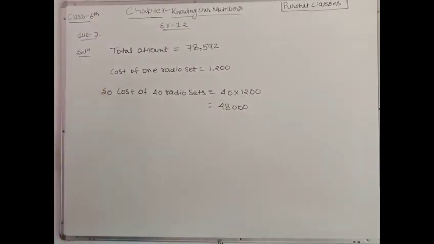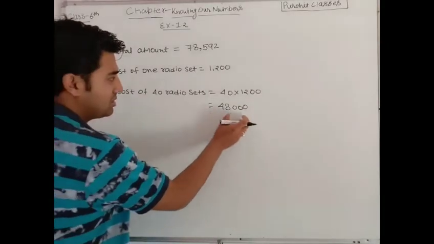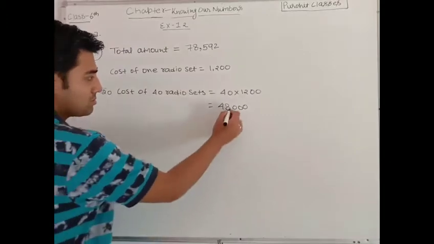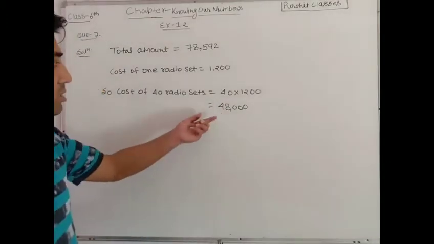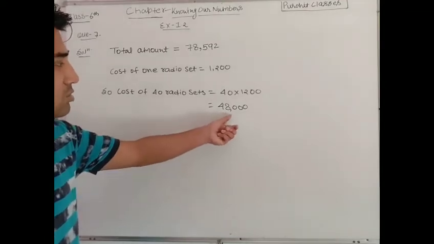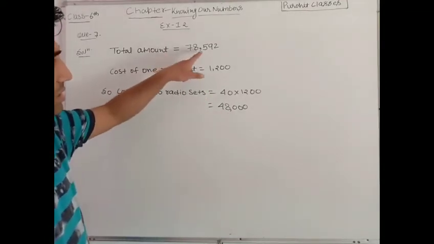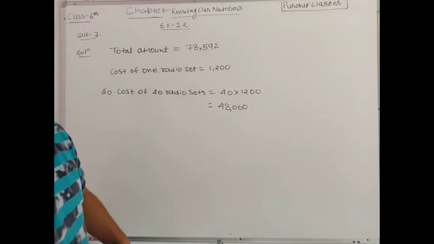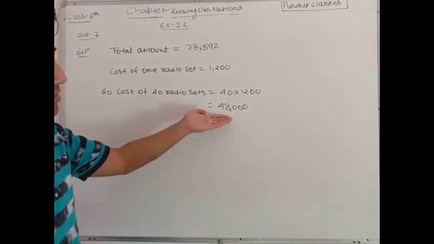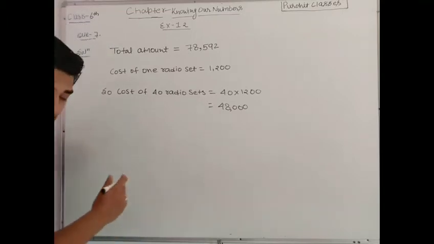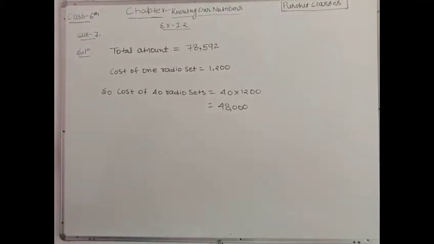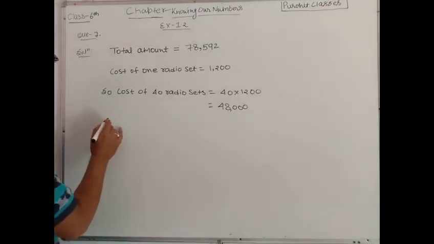So the cost of 40 radio sets is rupees 48,000. Now suppose I am going to buy this, so I will have to spend 48,000 rupees, and what I total have is 78,592. So what I will remain with, I will subtract the money which I have spent from the total money which I had. Understood? So the question was asking how much money will remain with her after the purchase.